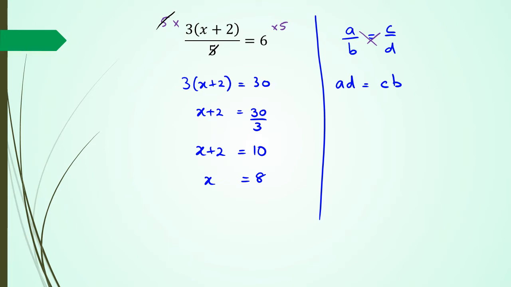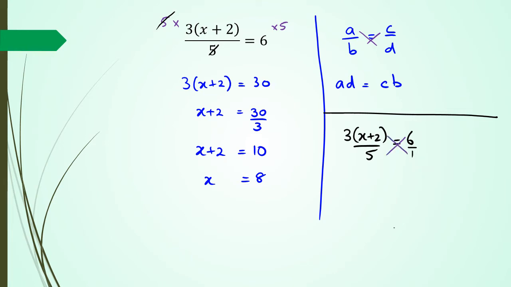Cool. Let's see if that actually works out for this particular example. I'm going to run out of space, but I'll use it here. So I've got 3 multiplied by x plus 2 over 5 equals 6. Now remember that 6 is actually just a number. You could say that 6 divided by 1 is still 6.